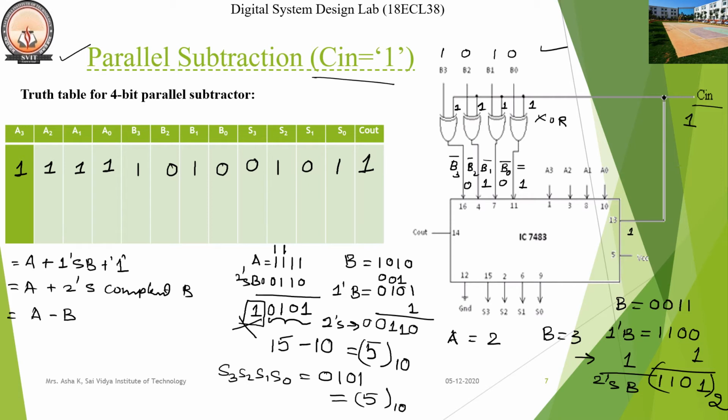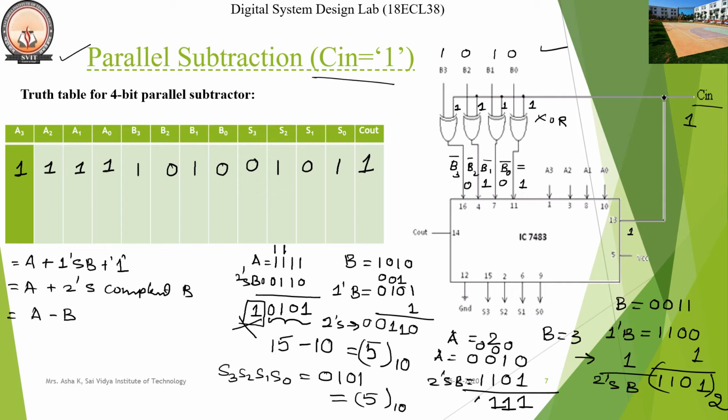Now perform the addition of A, that is 0 0 1 0, with 2's complement of B, that is 1 1 0 1. After performing the addition from the LSB, 0 plus 1, the sum is 1, again carry is 0. 0 plus 1 plus 1, sum is 1, carry is 0. 0 plus 0 plus 1, sum is 1, again carry is 0.